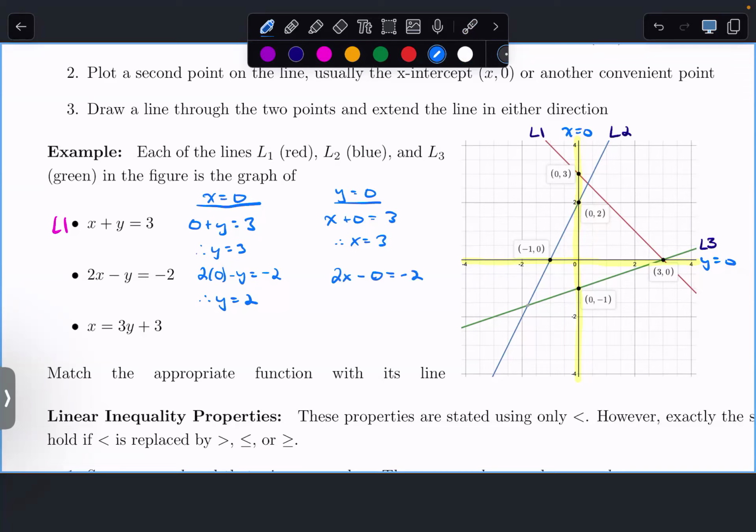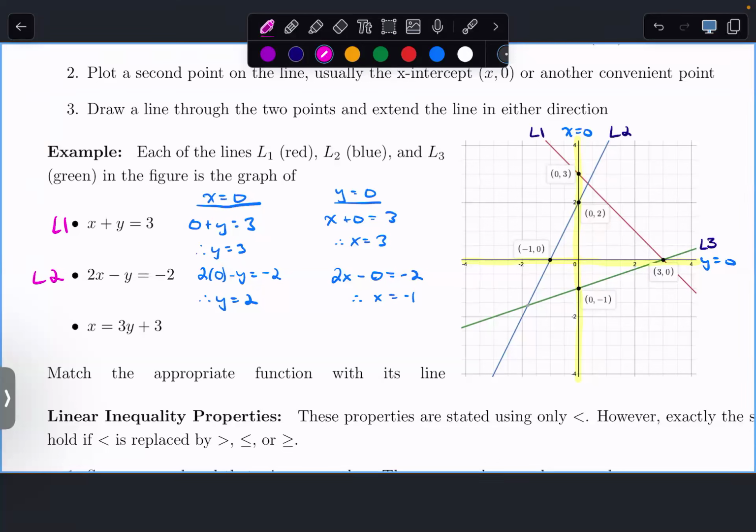So 2x is equal to -2, which means x is equal to -1. Which tells me that the only line where both of those points are true is L2. Process of elimination tells me that the last one must be L3 then.